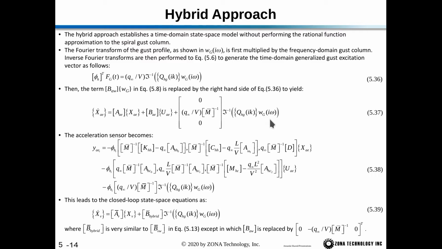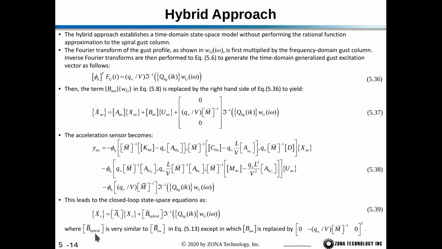Now the acceleration sensor is given by equation 5.38. So we have this new term here for the gust, and this leads to the closed loop state space equation 5.39. So this is our excitation term due to gust, B bar hybrid times the inverse Fourier transform of QHG of ik times WG of i omega.